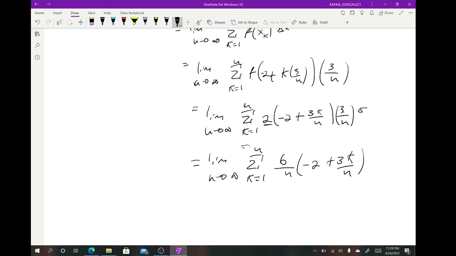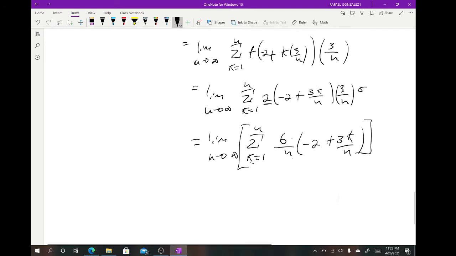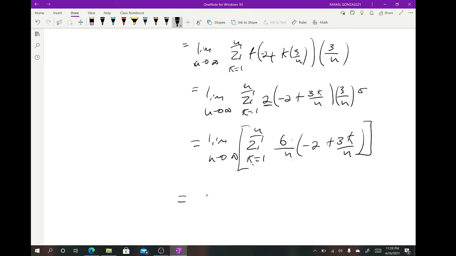Now notice that this sum is with respect to k. So because the 6 over n has no k value, we could treat it as a constant and actually pull it out.